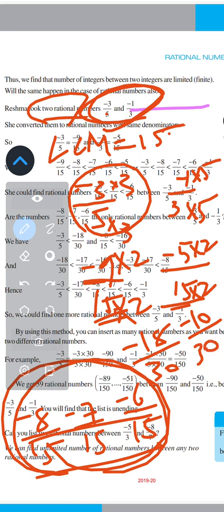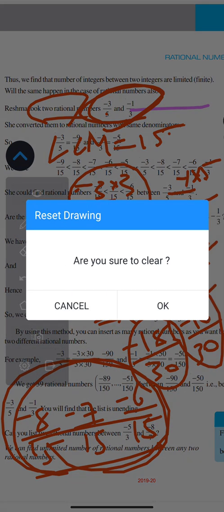Now between minus 18 and minus 10 I get minus 17, minus 16, minus 15, minus 14, minus 13, minus 12, minus 11 by 30. These many rational numbers I get. Now if I want more, I will multiply with some number greater than 2, so I get more rational numbers. So this is how you find rational numbers between two rational numbers.